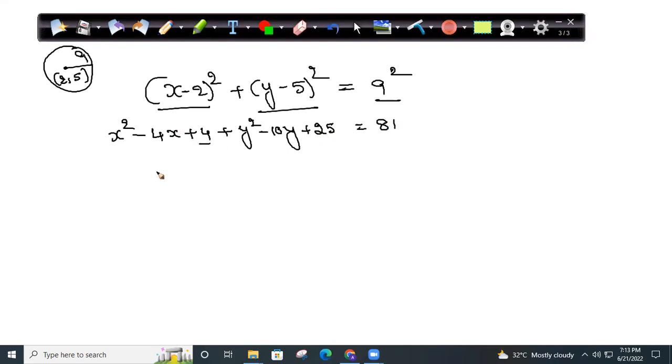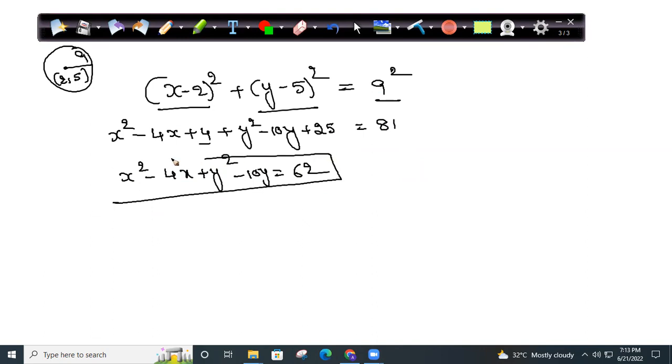The 4 and 25 I'll take to the other side. So x square minus 4x plus y square minus 10y, and when 25 and 4 come to the other side, it becomes 62. So in the exam, they will give this.